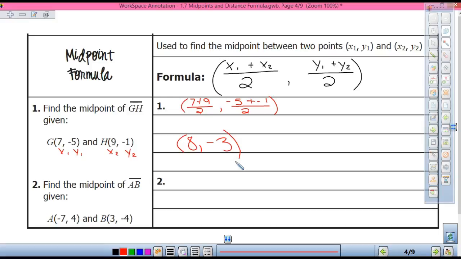Okay, some of you are in a really bad habit. I'm not sure what teacher thought that it was okay to just write 8, comma, negative 3 and not put it in parentheses. Okay, it's an ordered pair, it's a point, it must be in parentheses. Okay, so now we've got number 1. Okay, so I'll do number 2. We're going to check it.